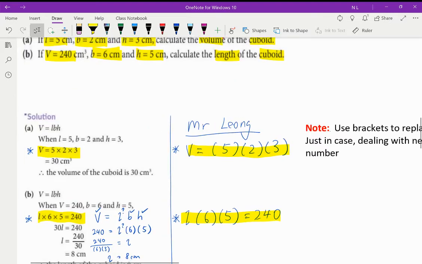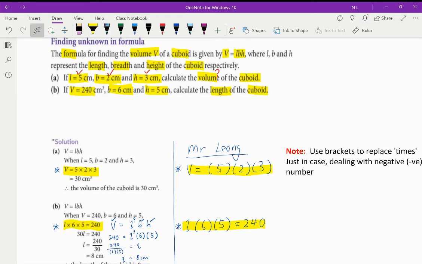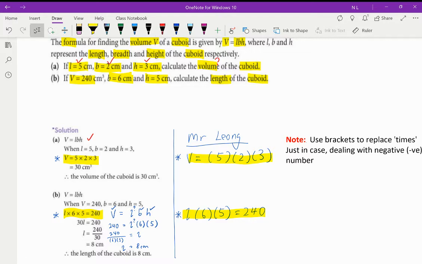Given this formula, we know that volume equals length times breadth times height. All we need to do is substitute the length as 5, the breadth as 2, and the height as 3, and multiply them together. This gives us the volume of the cuboid, which is 30 cm cubed.